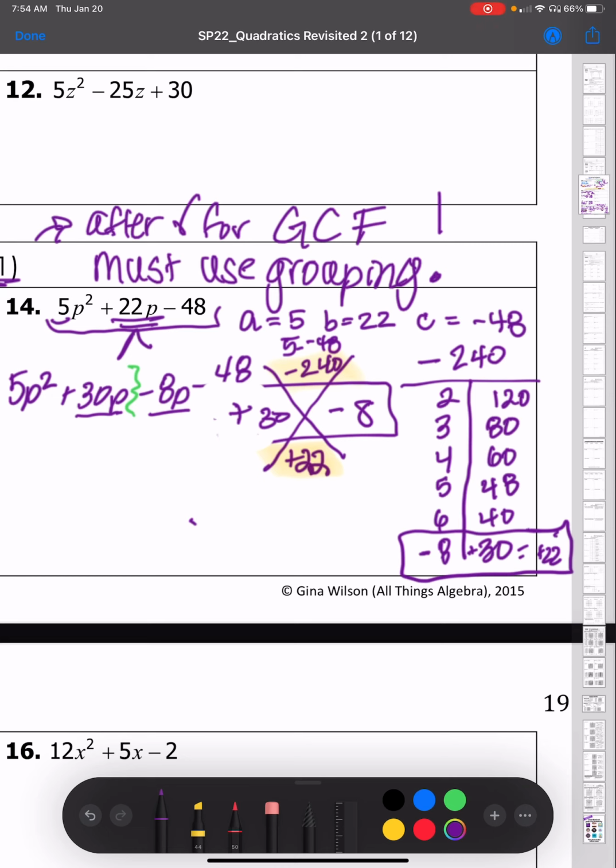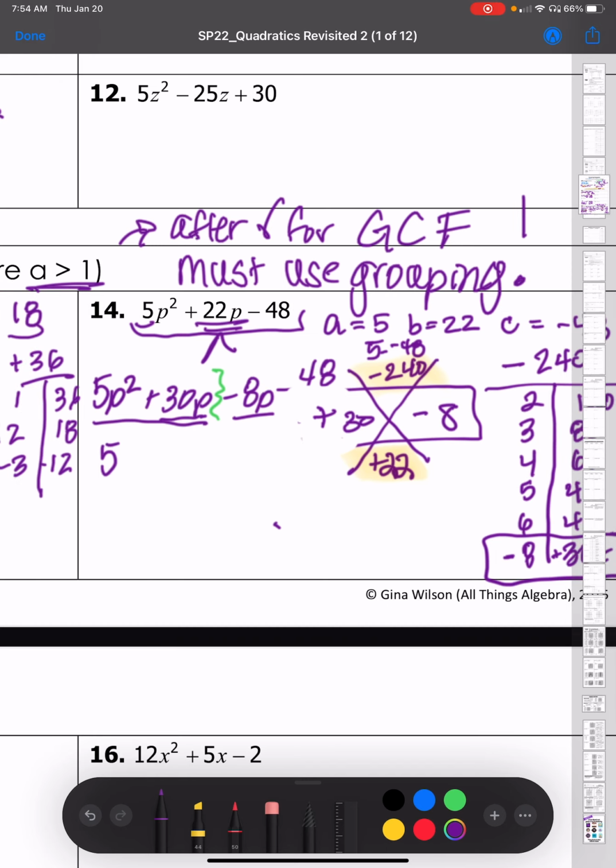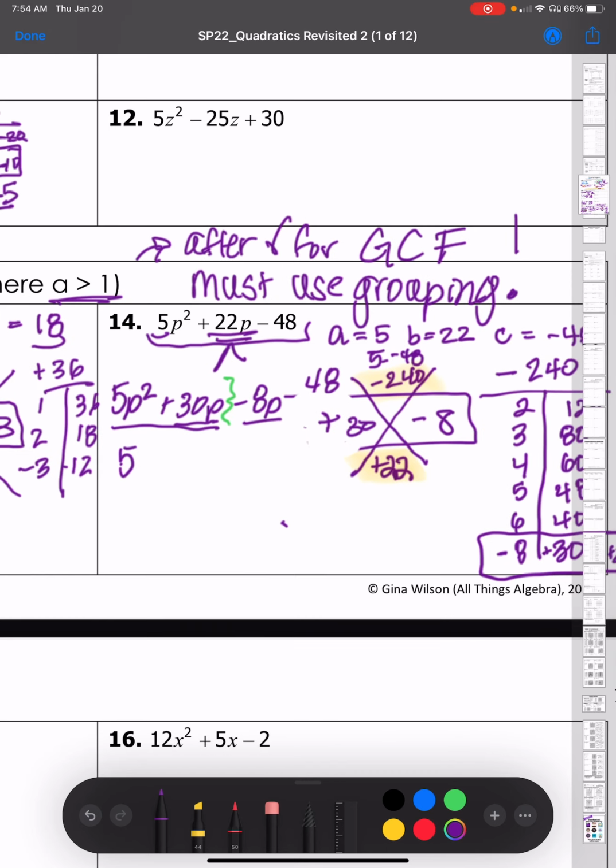So we're looking for our greatest common factor of 5p squared plus 30p. So 5 can go into both 5 and 30. And then they both have a p, so we can factor out 5p. And that gives us 5p times p plus 6.